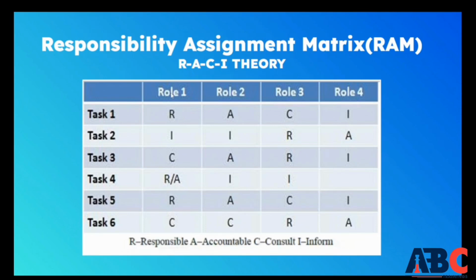Now, whenever I assign a task, the first one is task 1. For task 1, R1 will be responsible, A will be accountable, C will be consulted, and I will be informed and will be provided information. So like this, in task 1, the roles will be RACI.